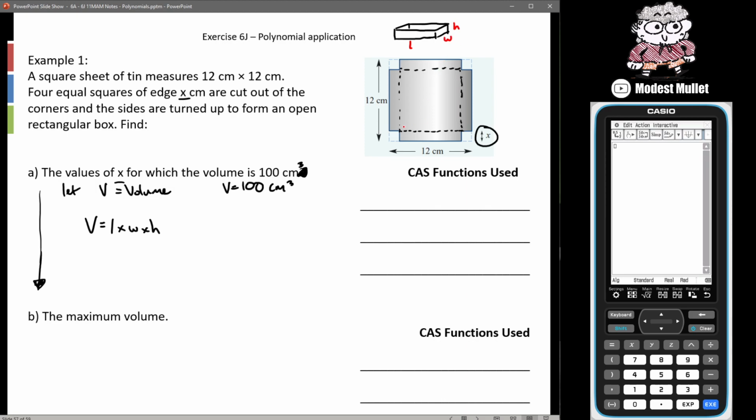Our length is going to be across there, our width is going to be across there, and then by folding it up, our height is essentially the x. Once that's folded up, that distance there becomes your height.